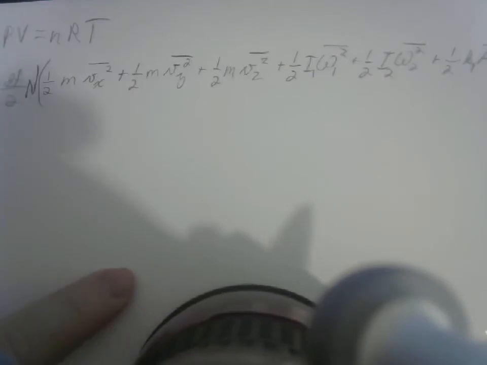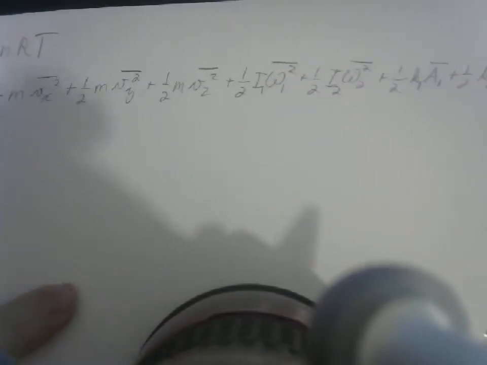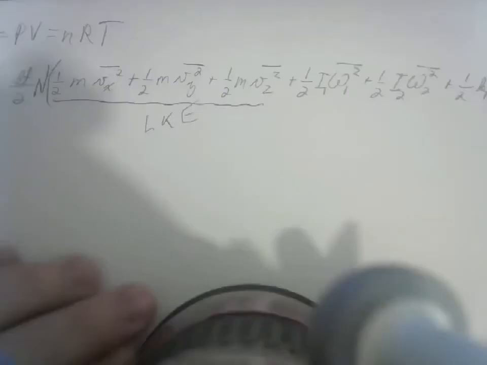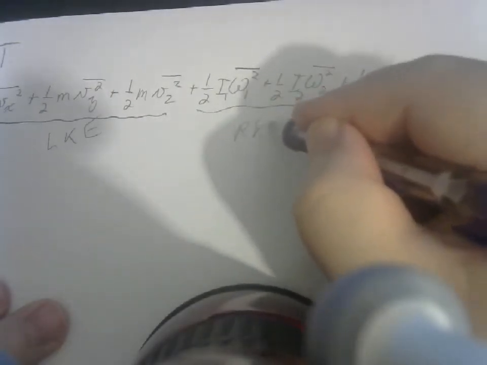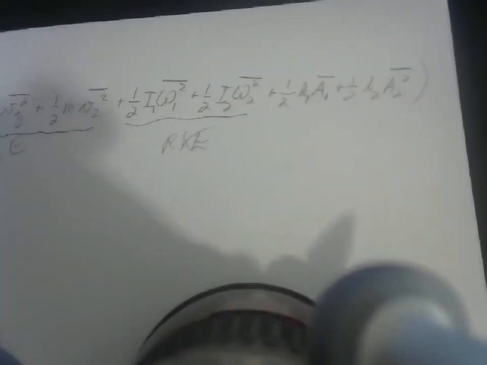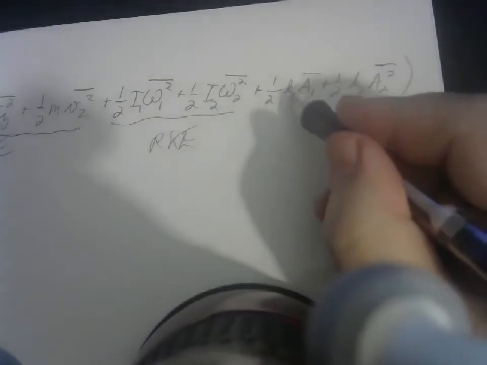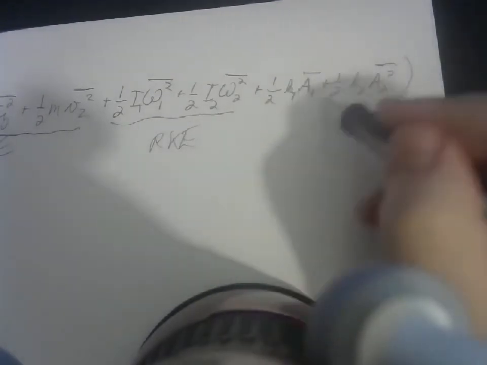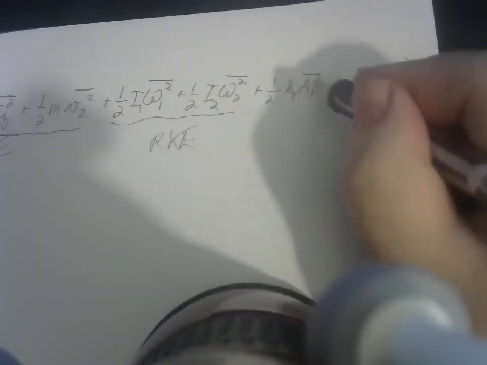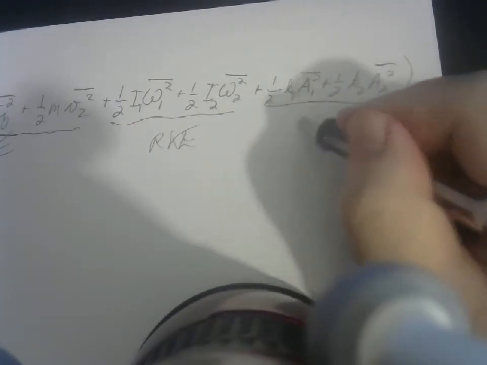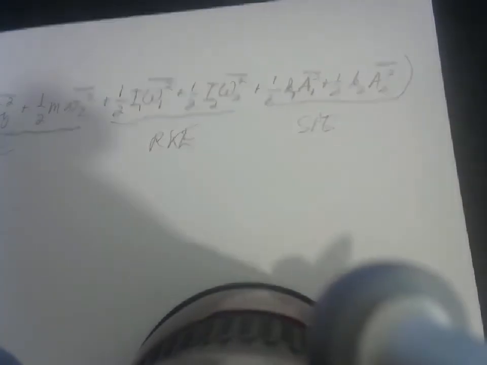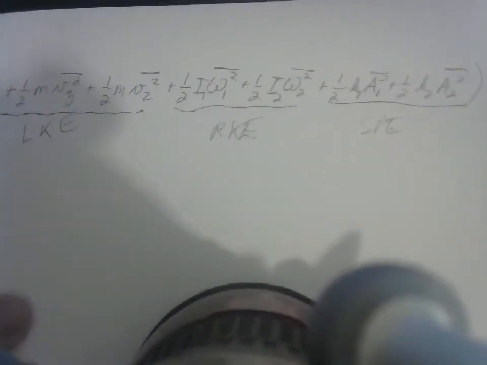And then our actual U is going to consist of a linear kinetic energy part and a rotational kinetic energy part. And this is like a spring constant times an amplitude squared, so we have a spring potential energy part, or vibrational energy part.